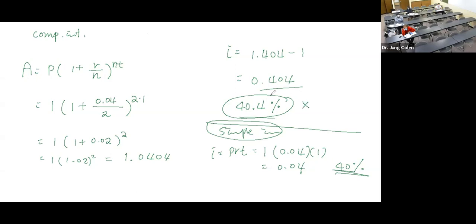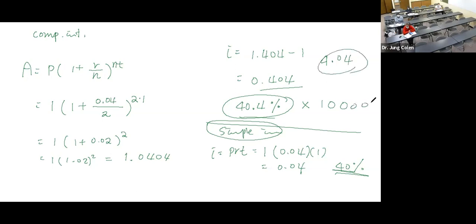So this is for $1 as a principal. If you're thinking about $100 as the principal, you're going to get $4.04 as your interest.